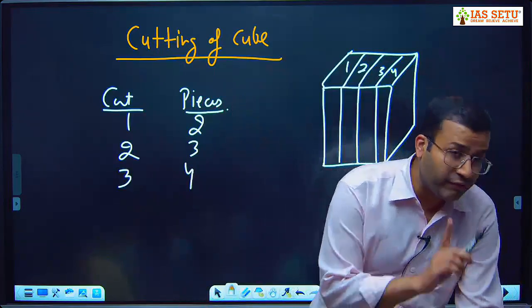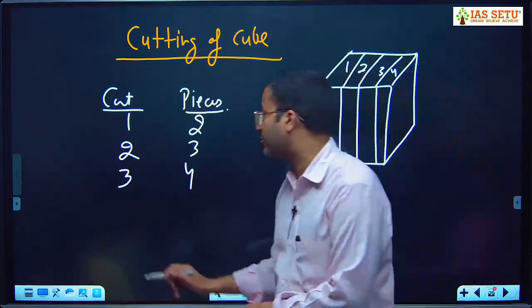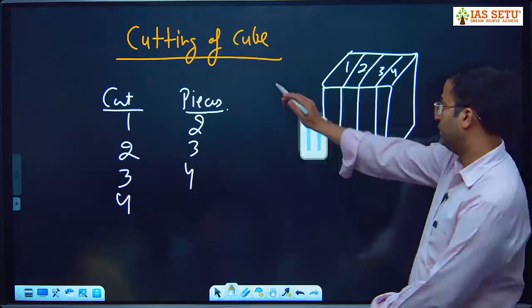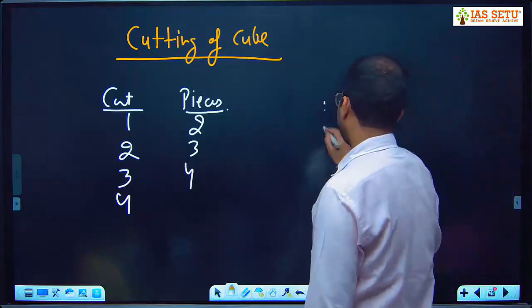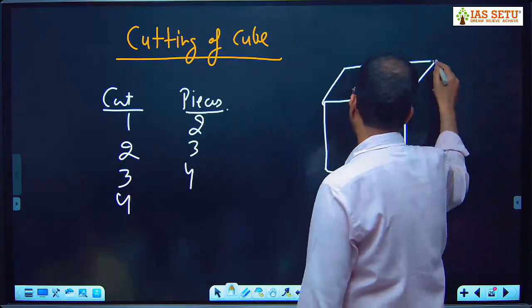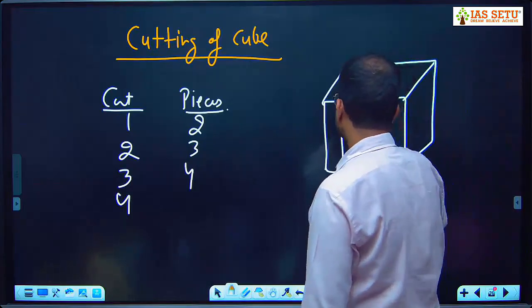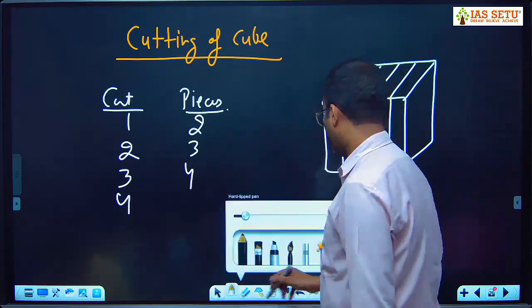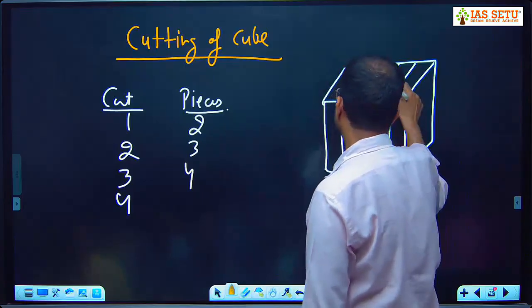Similarly, if on one axis you make 4 cuts, how many pieces will be there? 5. One, 2, 3, 4. So you can check the number of pieces here. 1, 2, 3, 4, 5.